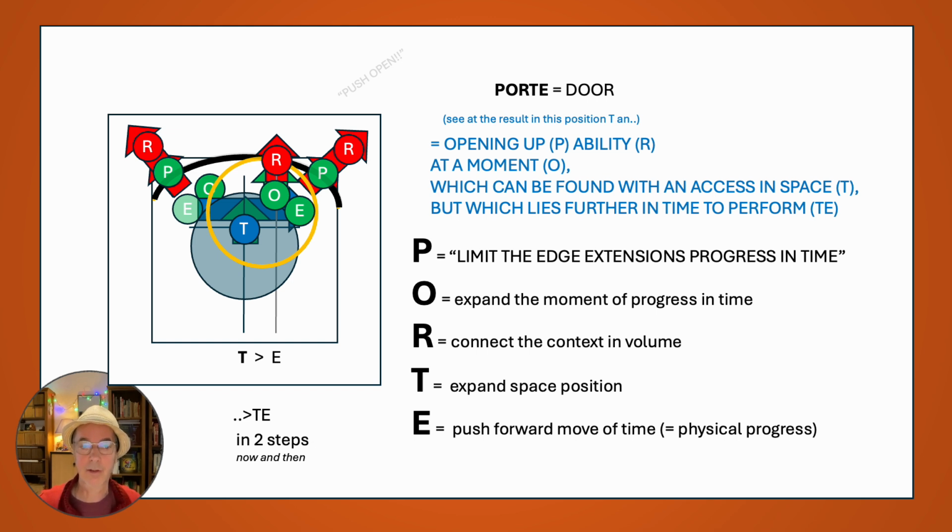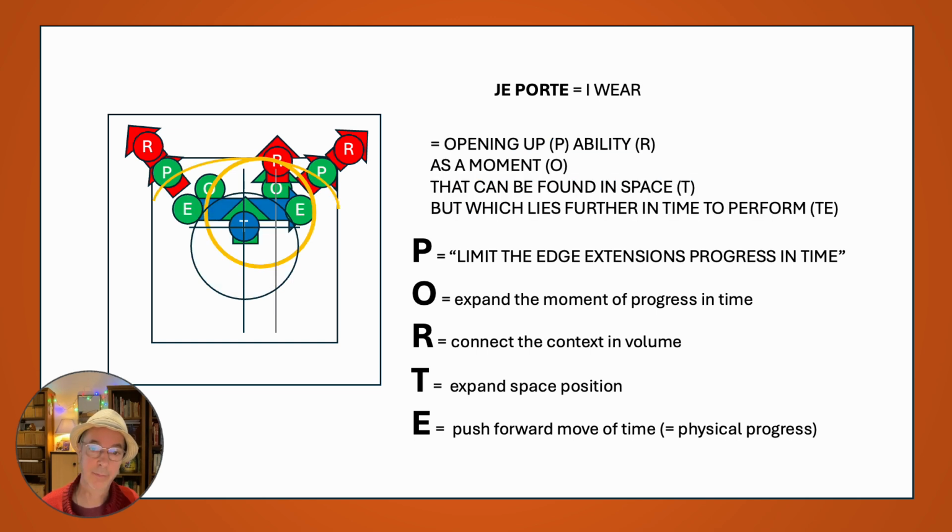So that means that something can be opened at some point by connecting to it. Not now, not immediately, but at some moment in time. That's what you can derive from learning to read the letter positions and the logic behind it.